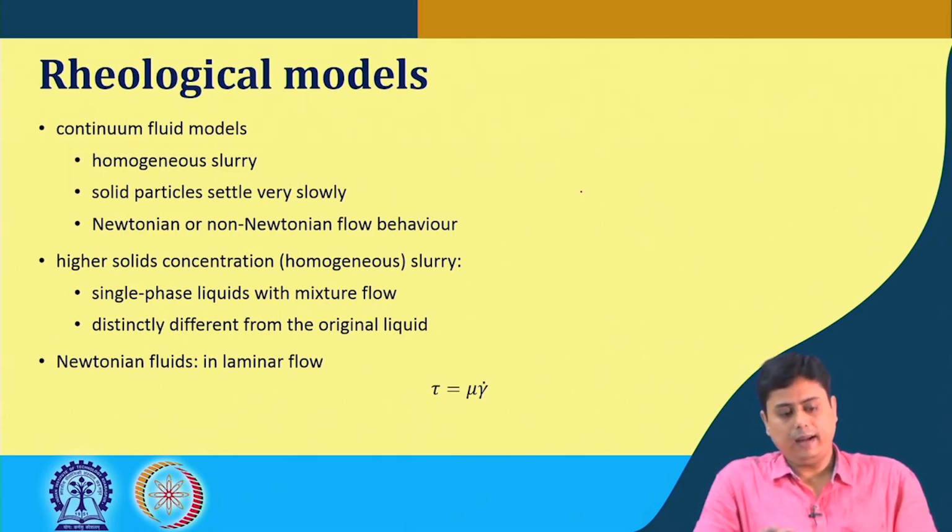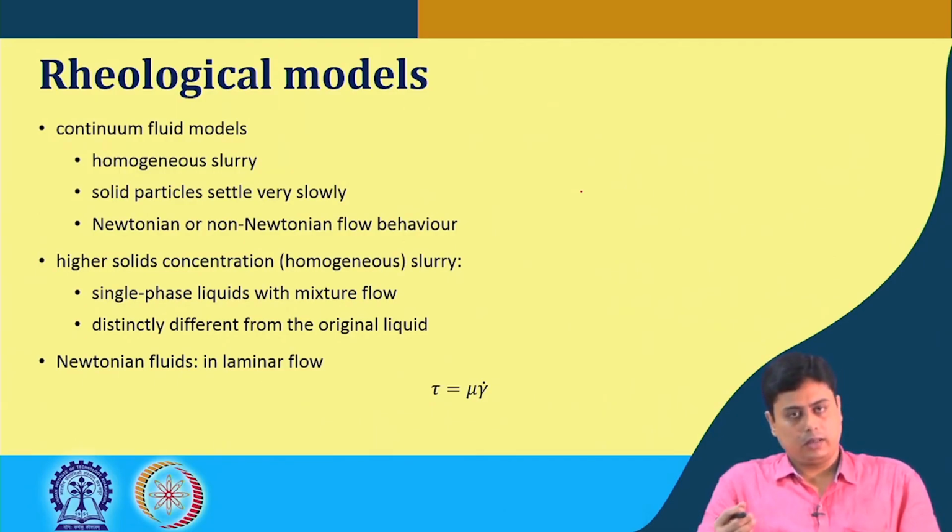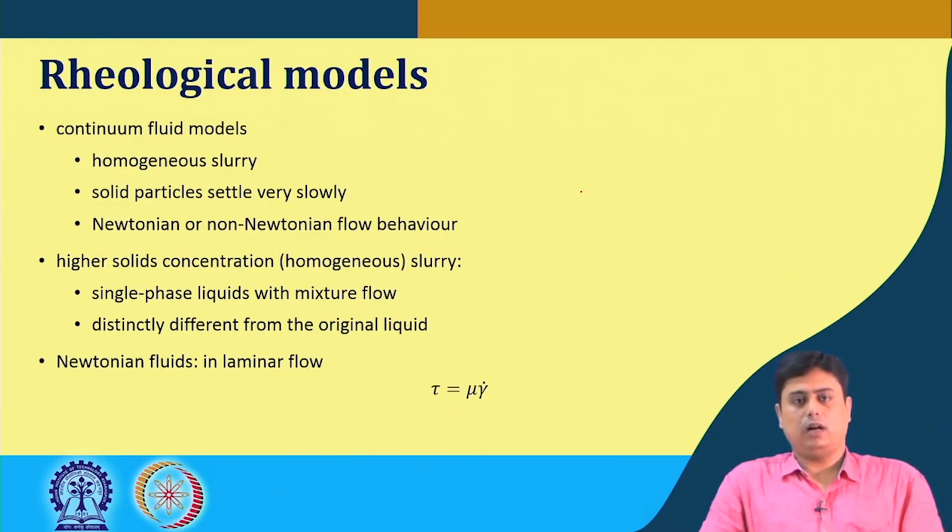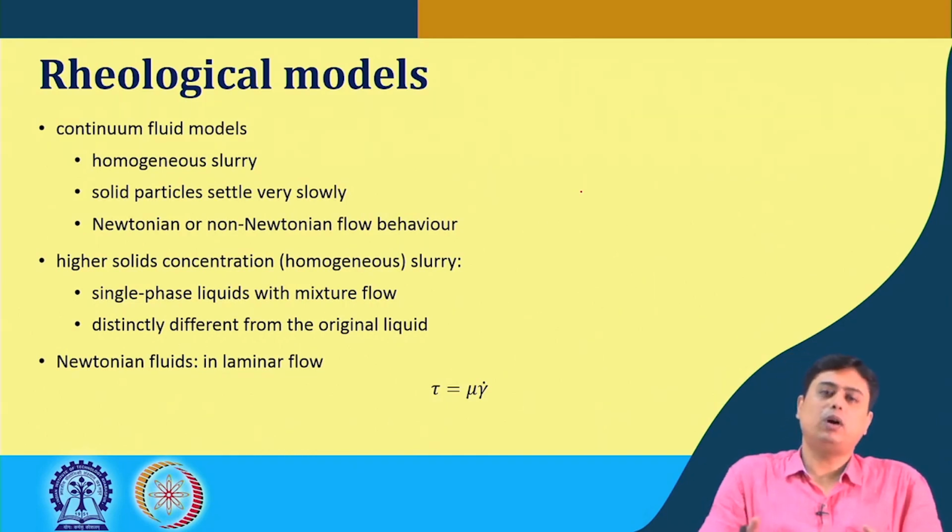On that note, when we try to model or estimate this kind of slurry, we typically assume that this is a single phase flow with the mixture properties, and its characteristics are completely different from the original liquid. Original liquid means when it was without any solid particles.